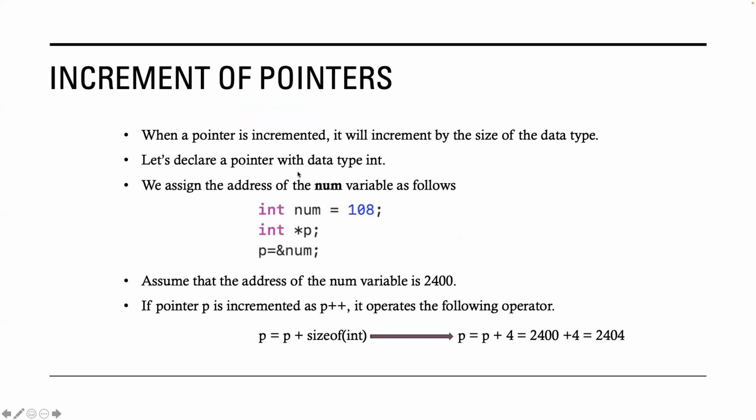Next thing is about pointer arithmetic. So we can operate the increment operator on pointers. Normally, if I operate the increment operator on a numerical variable, that means I'm adding 1 to the value of that variable.